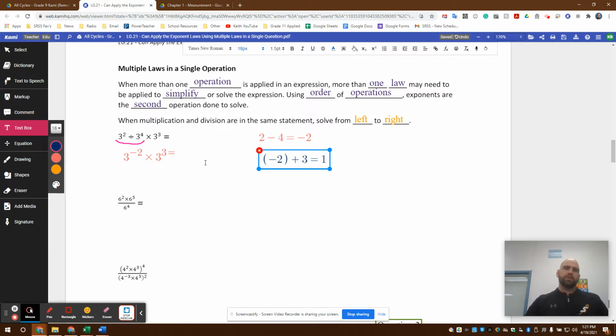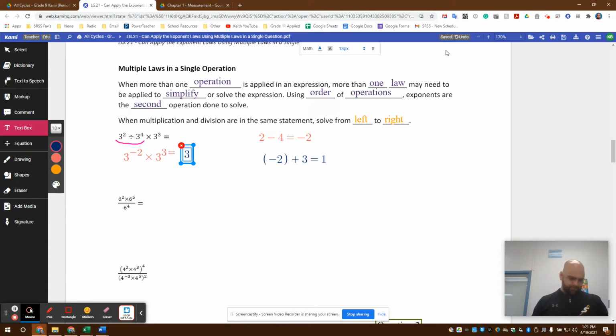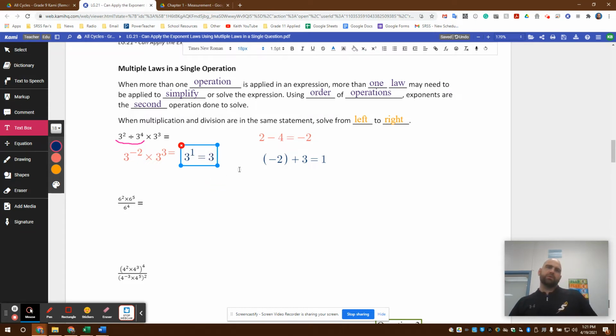So our answer in this case is 3 to the power of 1, or just 3. So again, we first start by subtracting, then we add, and then we get our answer, because that is our first step.